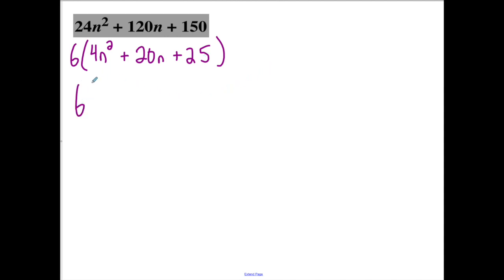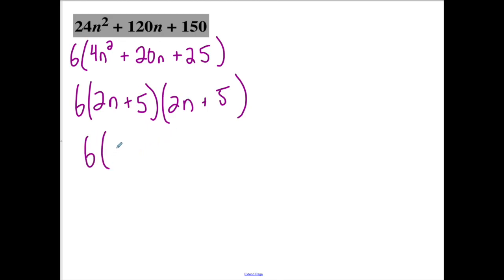So what I'm going to do is I'm now going to factor the inside, and that will factor as 2n and 2n to get the 4n squared, and then 5 and 5, so that I not only get 25, but then I get 10n and 10n for a total of 20n. So this becomes 6 times 2n plus 5, in parentheses squared.